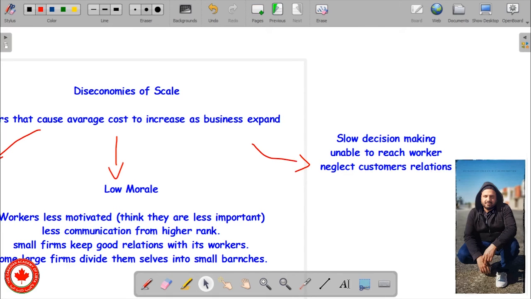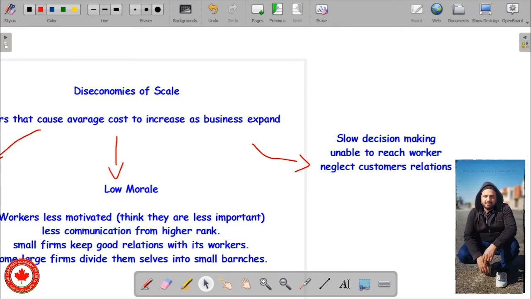When they are unhappy, it will affect the cost eventually. Losing customers means a drop in business efficiency, which leads directly to an increase in the average cost of a business.